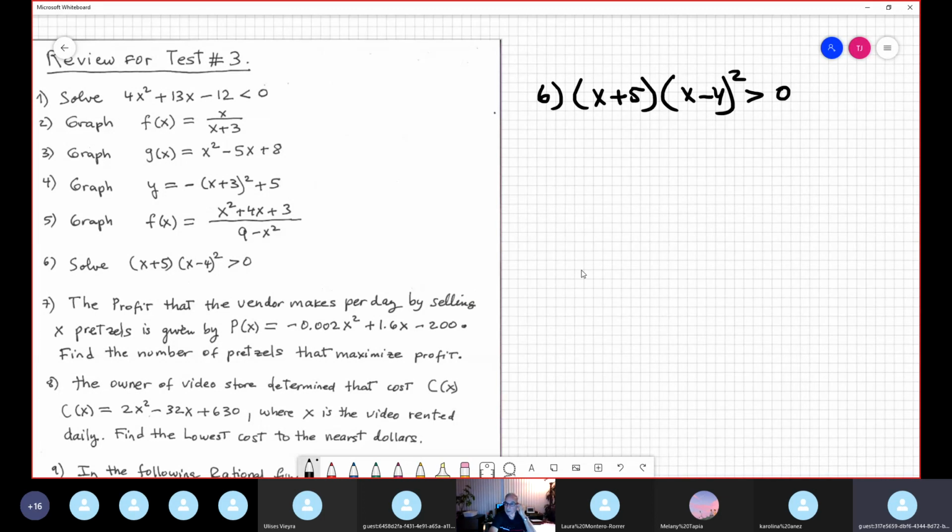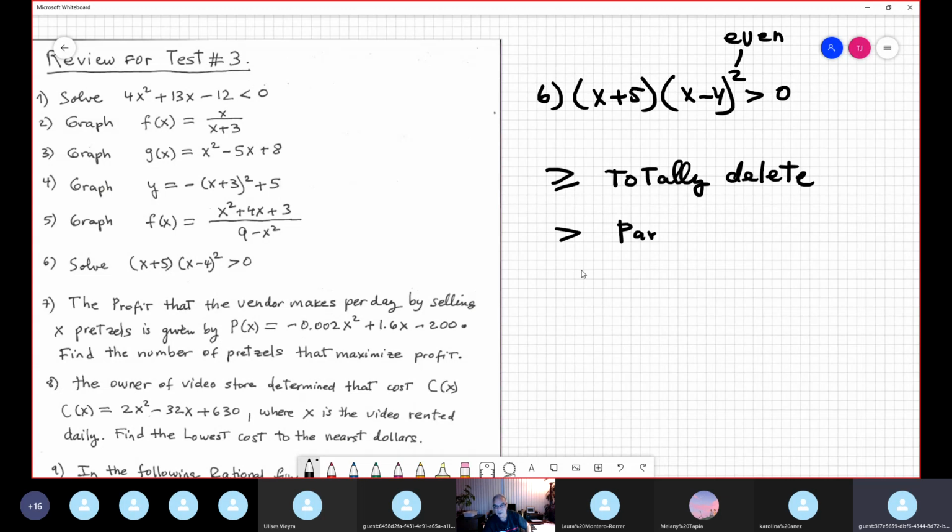And remember one thing. When you have factors that contain an exponent like that, you can delete it. But be careful, because sometimes it's a total delete or a partial delete. How do you know? If my inequality contains greater than or equal, it is a total delete. If my inequality contains only greater than and not equal, it is partial.